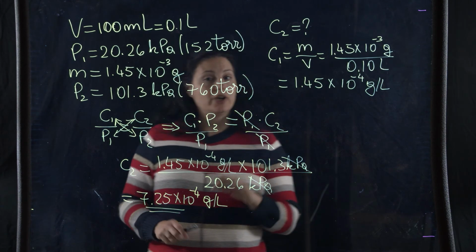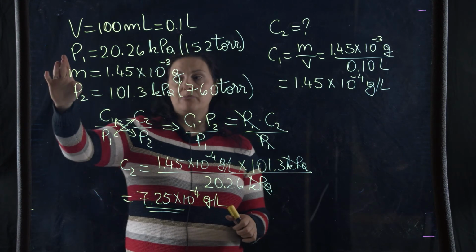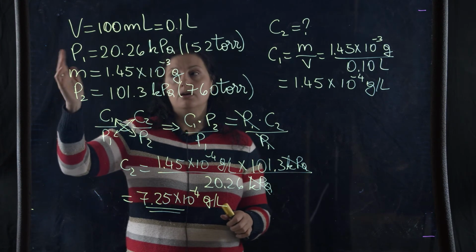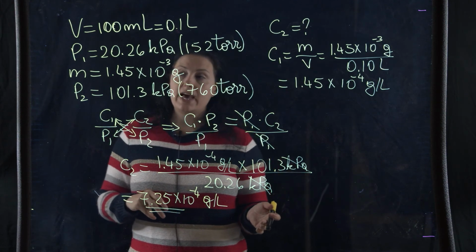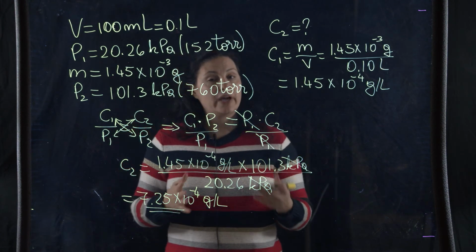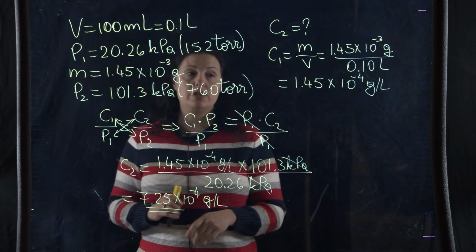Now let's double check our math to make sure that we've done it correctly. Because my pressure is increasing, I know that pressure and concentration of the gas dissolved are directly proportional. So if I increase the pressure, the concentration will increase.